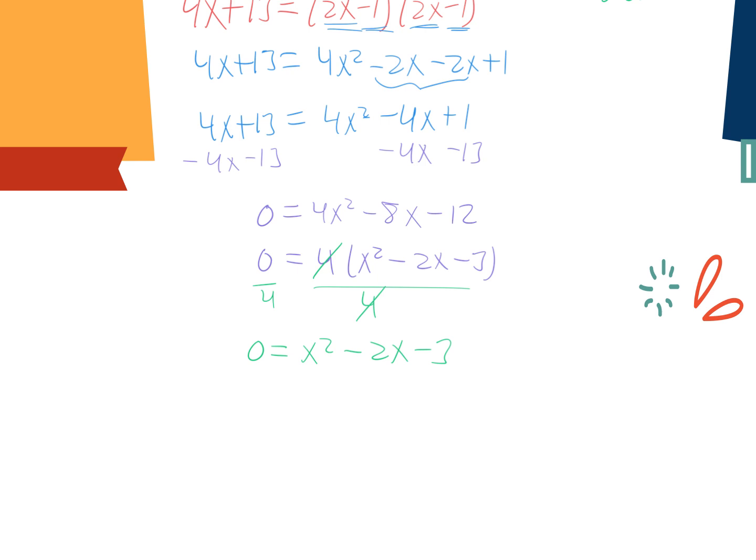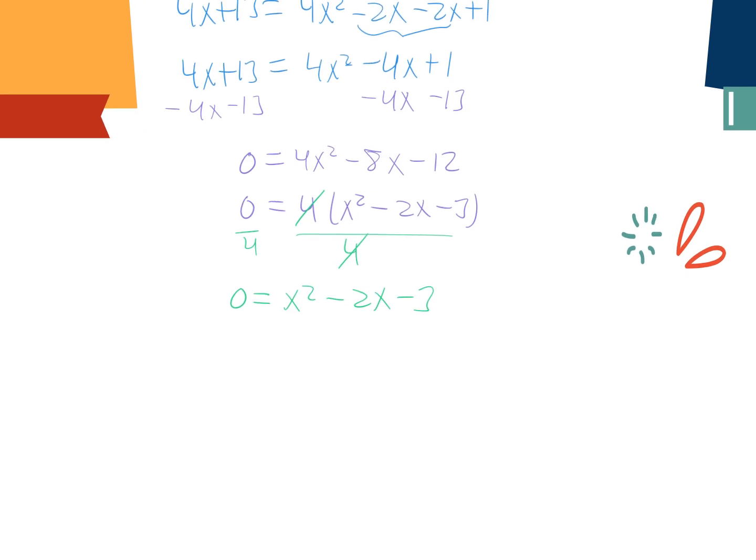All right, and now we want to factor this. You're just looking for what multiplies to negative 3 and adds to negative 2. It's going to be negative 3 and positive 1. Super easy, right? This is probably the easiest way to solve. If you're able to factor it, factor it. I saw on the test and on the quiz, a lot of you tried to do the quadratic formula.